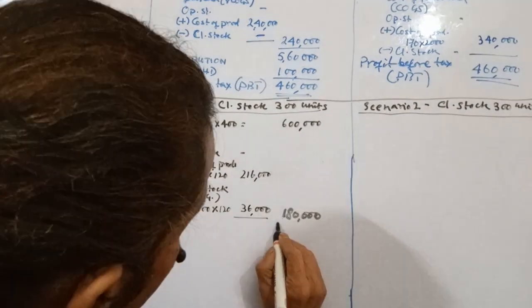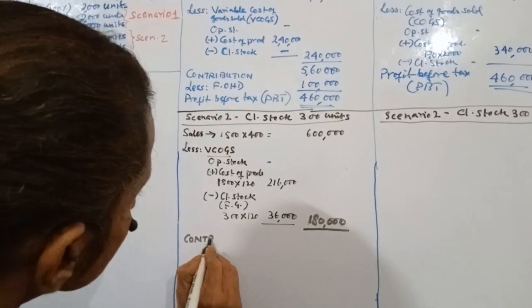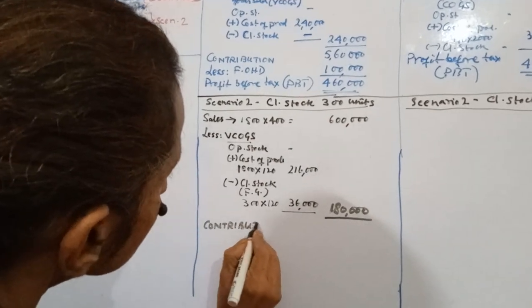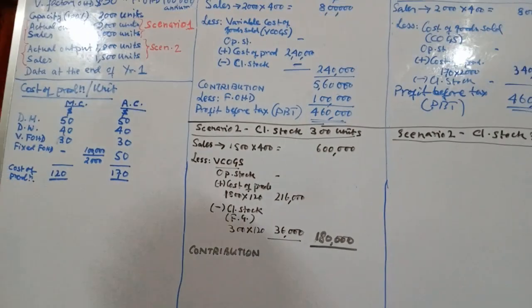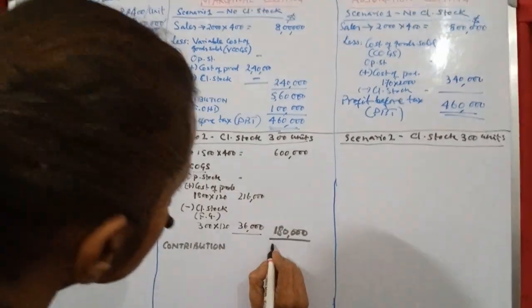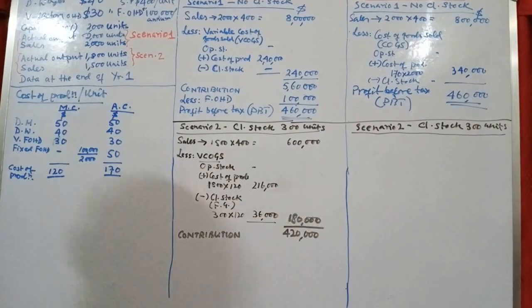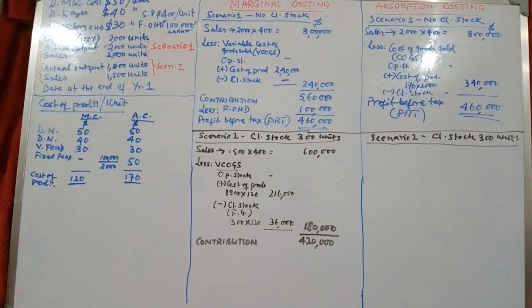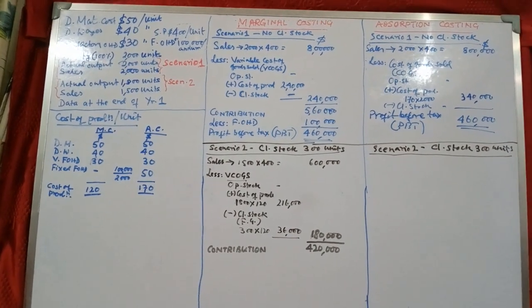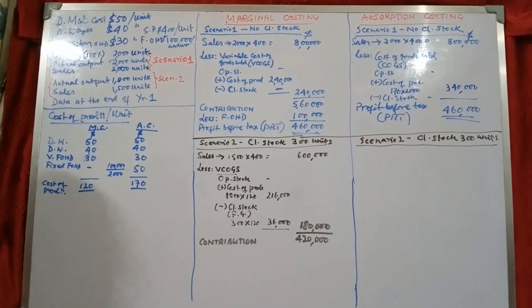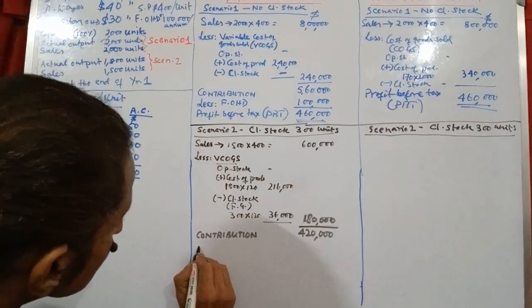So we get here what? Contribution, how much? 4,20,000. Okay. From contribution, we shall deduct what? We shall deduct fixed overhead.